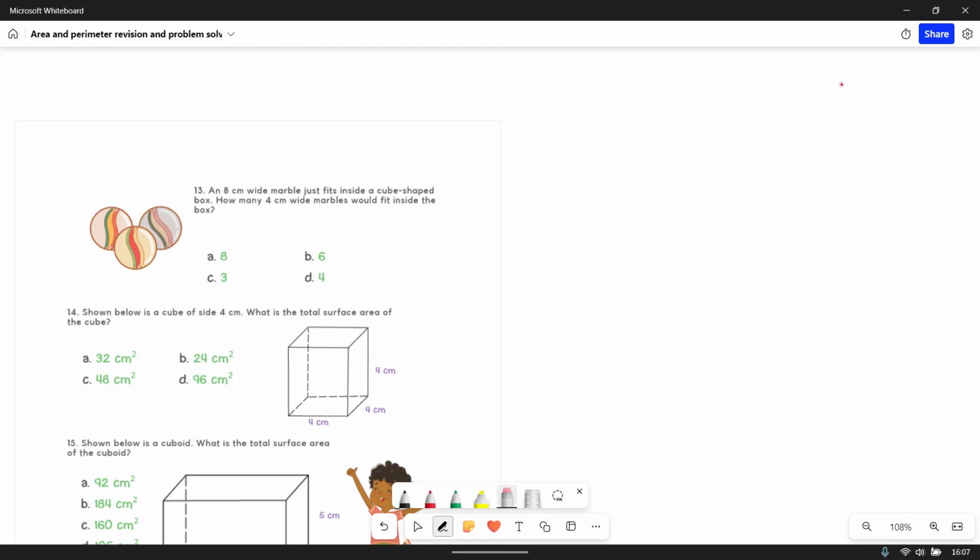Number 13. An 8 centimeter wide marble will fit inside a cube-shaped box. How many 4 centimeter wide balls will fit inside the same box? Okay, so where it says 8 centimeters wide, if I draw a cube, it's 8 centimeters length, width and height, so it's going to be 8 by 8 by 8.